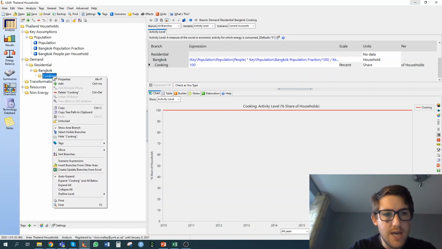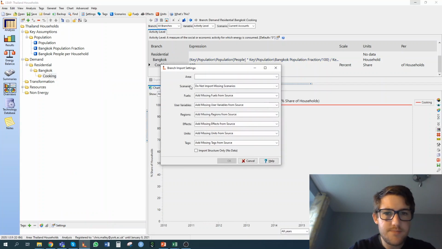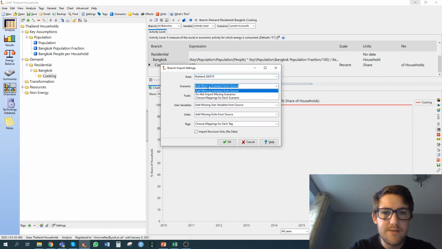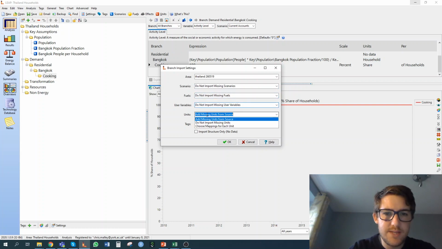So what I suggest is that we right click on cooking and click insert branches from other area. This allows us to then import branches that already have the emission factors included within them.